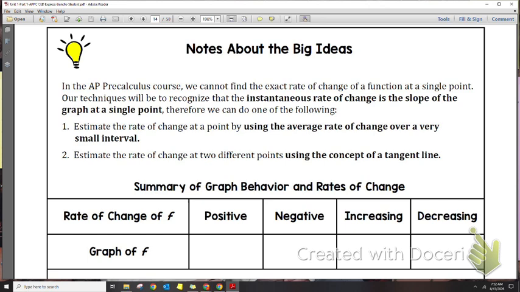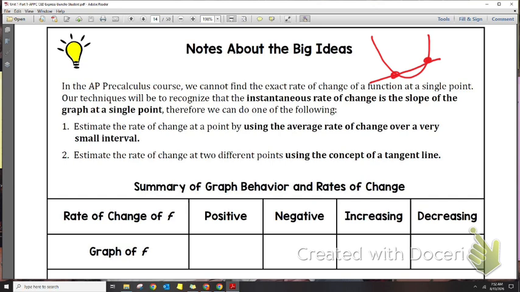All right, so a tangent line is different than a secant. Real quick, let me explain the difference. If I have some graph here, the secant line is going to be the line that connects those 2 points. If you remember from geometry, it's a line that goes through a circle but not the center of the circle. Same thing here: it's a line that connects 2 points on the graph. Now, a tangent line is going to be a line that touches the graph at 1 point and then moves on.